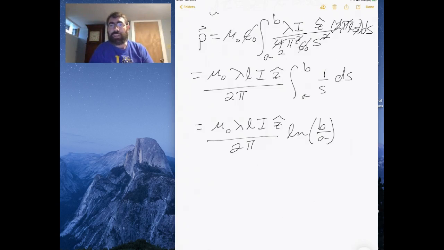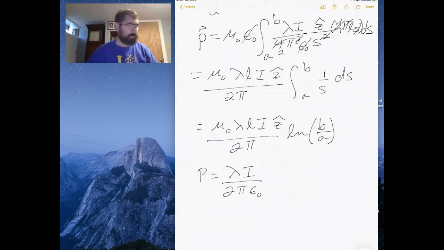Okay, but if I compare it to the power that we calculated before, the power was lambda I over 2 pi epsilon naught, the natural log of b over a, which we know is the power being consumed by that resistor, equal to the voltage times the current.